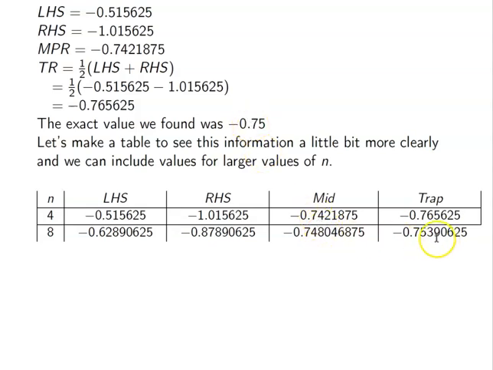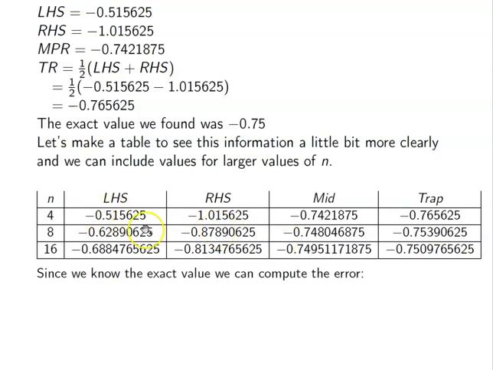That's much, much closer. This was going from 0.015 away from 0.75 to now being very, very close, right? 0.753. So this is 0.003 off, and this is 0.002 off. So the midpoint rule is still closer, right? So it shouldn't change actually which one is closer or not.